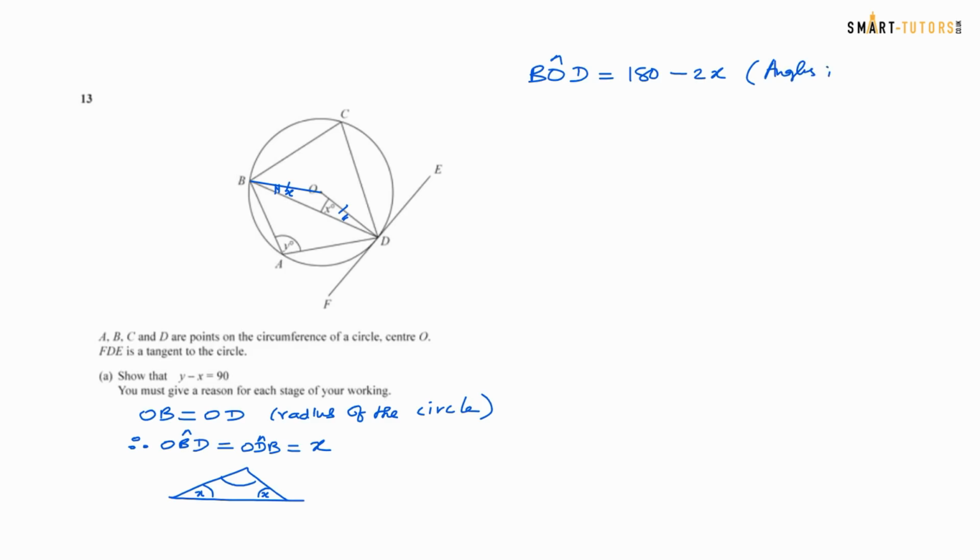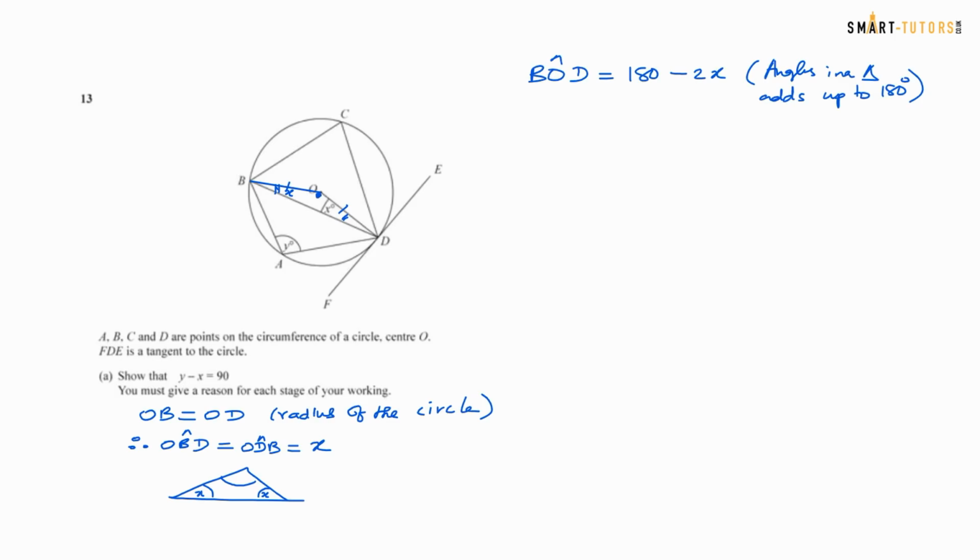The reason for that one: angles in a triangle add up to 180 degrees. They ask you to give the reason for each step, so that's what I'm trying to explain.